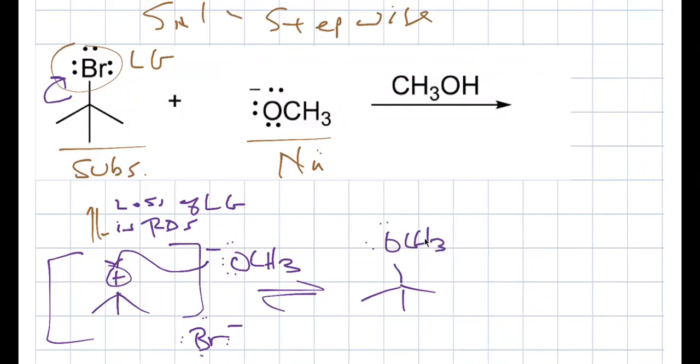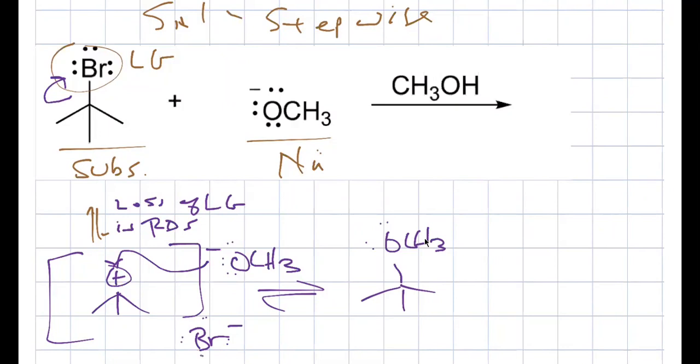That step has no bearing on the rate. So it doesn't matter how good the nucleophile is. It doesn't matter if it's in a protic solvent. The protic solvent can solvate the nucleophile all at once. It doesn't matter because the rate is determined in the first step, loss of the leaving group.